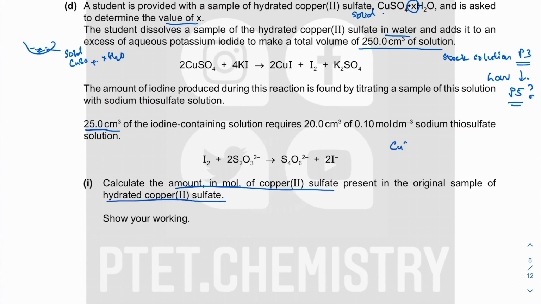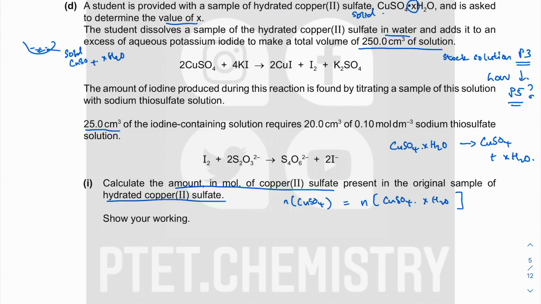Well, when you look at CuSO4.xH2O, when they dissolve in water, this is what happened, right? What do you see? Well, you see the equation is balanced like that. That means 1 mole of this gives you 1 mole of that. That means the mole of copper 2 sulfate is equal to the mole of copper 2 sulfate.xH2O. It's 1:1. Okay, I hope you can see that. Yeah, the equation just simply dissolves in water. The water simply goes into the water.